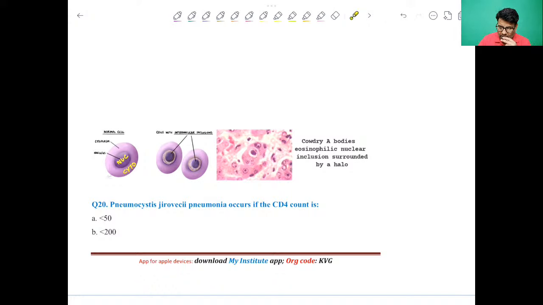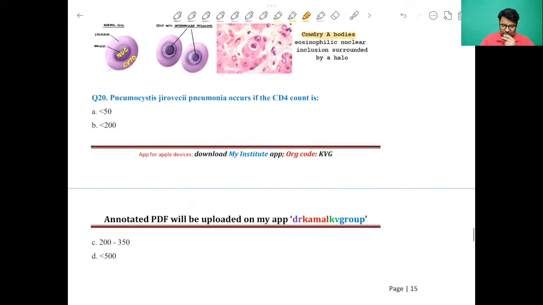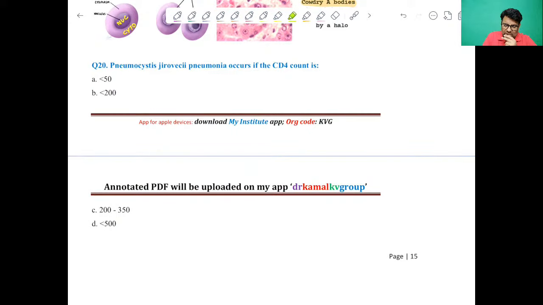Here also you can see this light space around the nucleus is all the perinuclear inclusion, and that is highly suggestive of the Cowdry type A inclusion bodies. Clear? So seen in herpes simplex virus. Great, Dr. Kanaya.